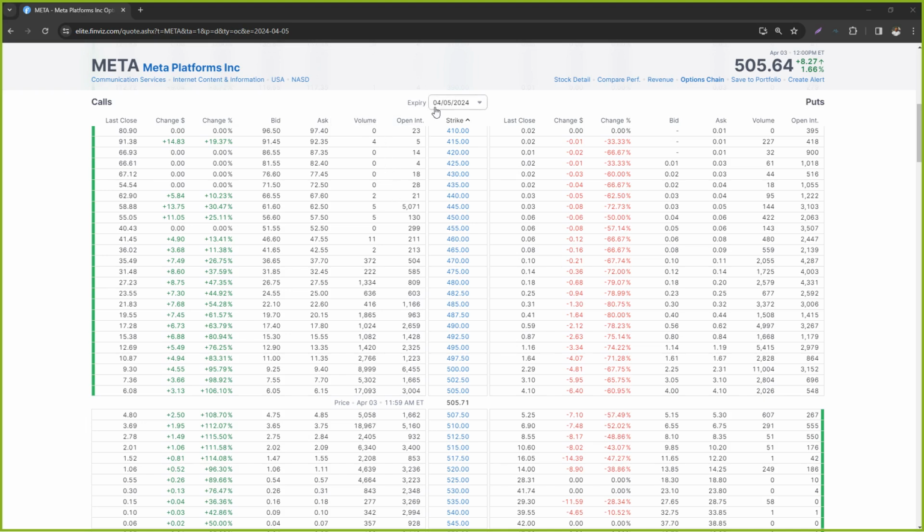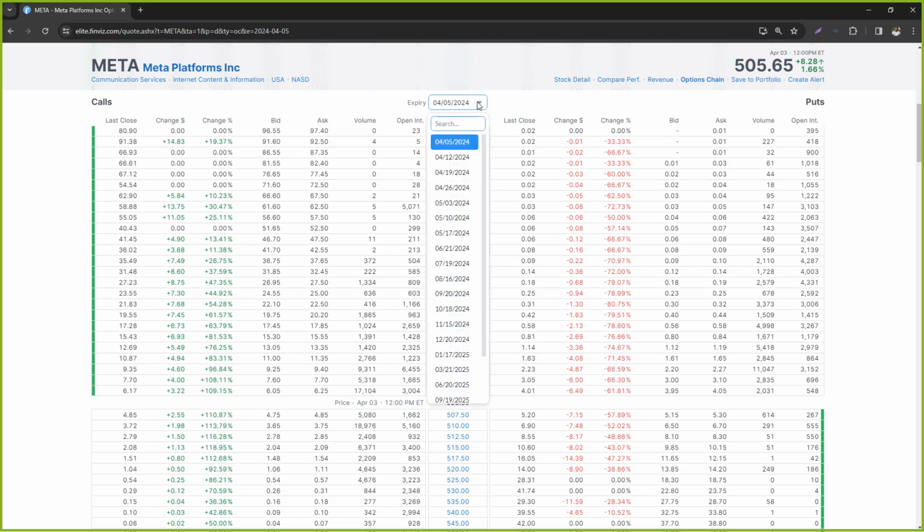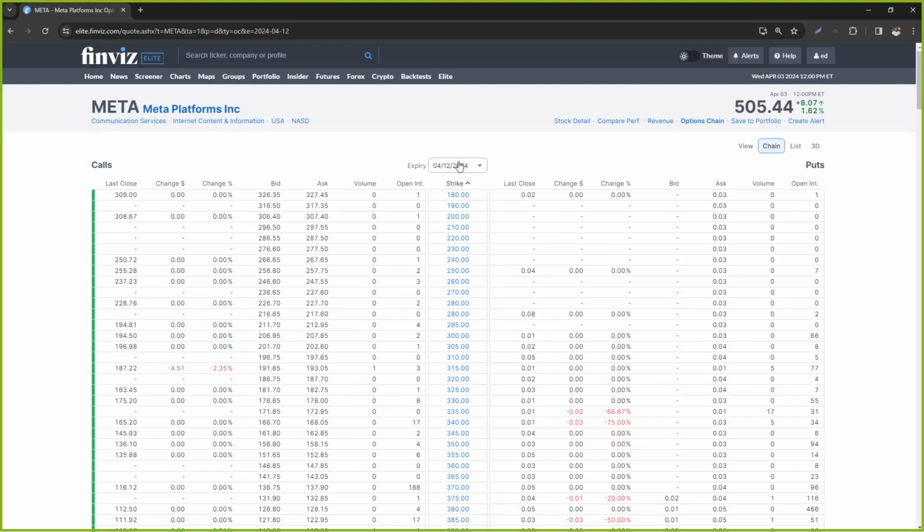All right, so again, this is the expiration date, which expires Friday. We can change this and look to see what it looks like for the options expiring next Friday.